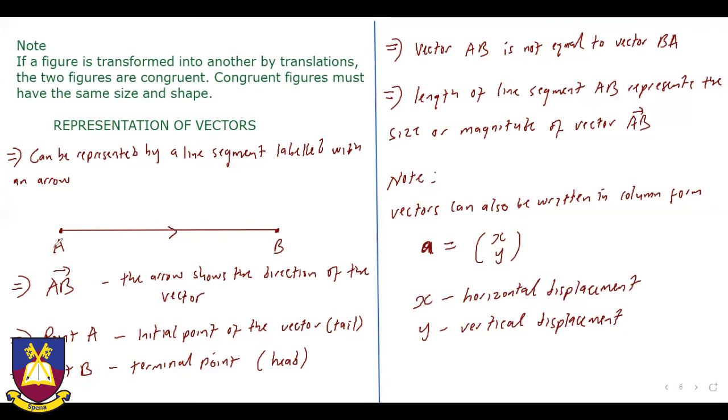Because coming from A to B is the same distance as coming from B to A. So when you interchange the order of the letters, those two vectors have the same magnitude, the same length, but they're in different directions. That's all about representation of vectors.